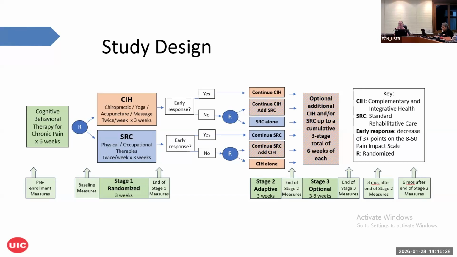Or what we did was we continued with CIH, which is the complementary integrated health, as well as added on the physical and occupational therapies. So you can see that this design, the SMART design, is exactly what I do in clinical practice. So it's very, very pragmatic because it is exactly what we do in clinical practice.